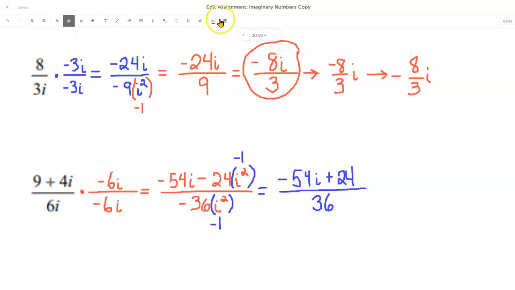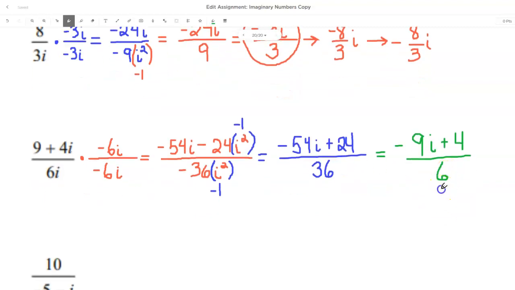Then from there, I would simplify. I can divide all of these numbers by 6. And when I do that, I get negative 9i plus 4 over 6.